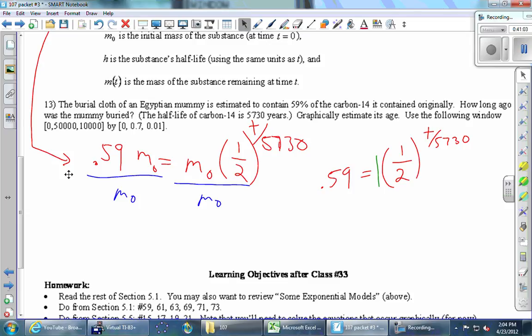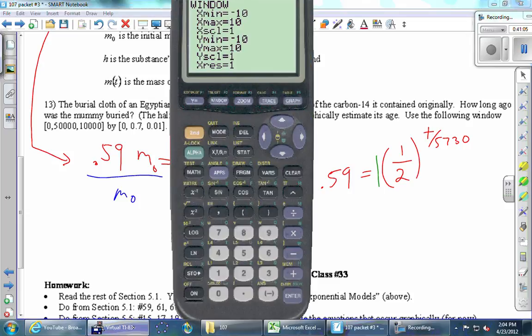Yeah, let's do that. Okay, so we're going 0 to 50,000. And then X scale is how often you're going to get a hash mark. So we'll say every 10,000 years. And then for the Y's, we'll use the other numbers, 0 to 0.7.